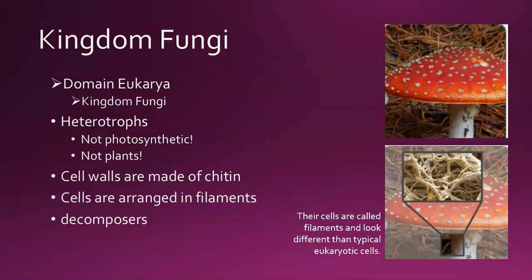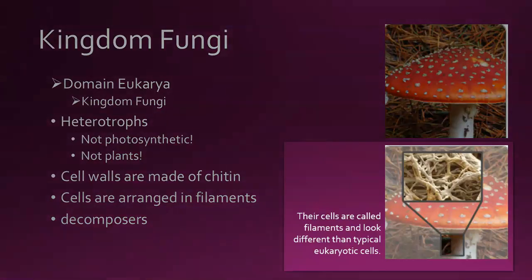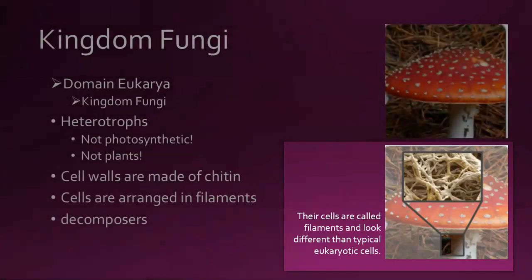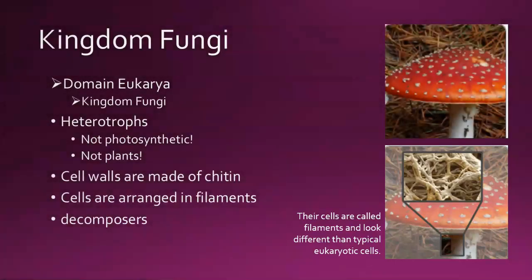And also, fungi are made up of cells arranged in filaments, and their cells are called filaments because they look a little different than your typical eukaryotic cell. And you can see this down here. This is a microscopic magnification of the filament looking cells.